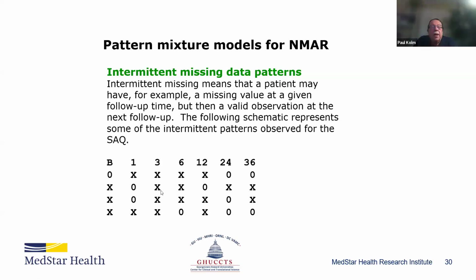But for patients like these, their data would end at whatever their last observation was. So this one would be like 12 months, and this one also 12 months, because we're not going to be able to impute the data at the end here, because we're assuming that's not missing at random.